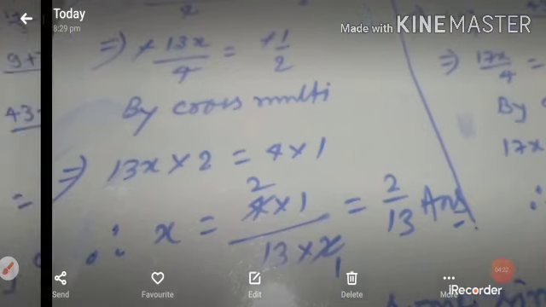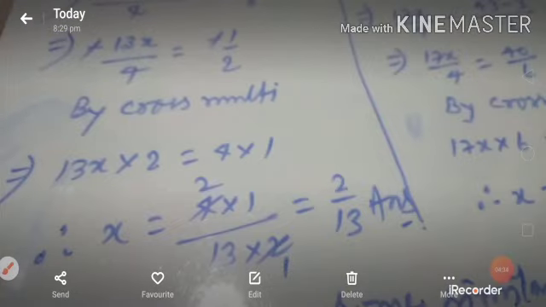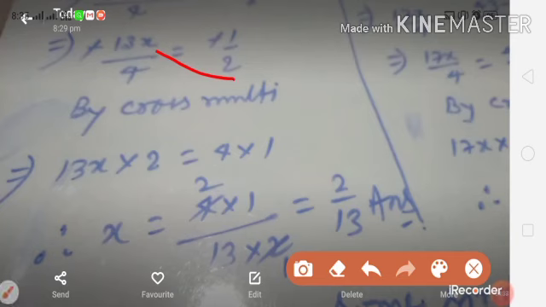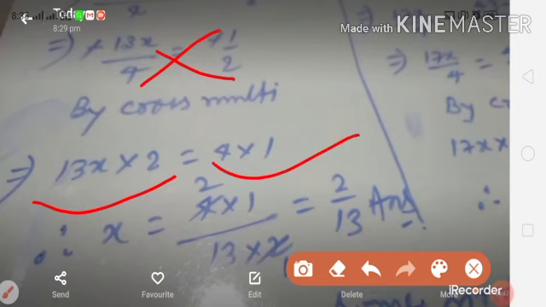So when we cross, going from up to down we find 13x into 2, and from down to up we find 4 into 1. So at last we can write the value of x is equal to 4 into 1 by 13 and 2 multiplied, so we write them in division on the other side, cancel it by 2, and we find as a result 2 by 13. This is our answer.